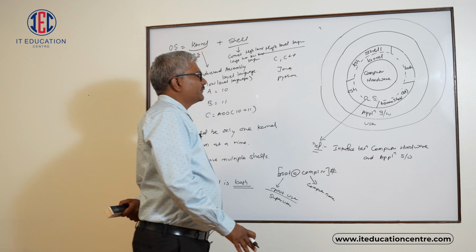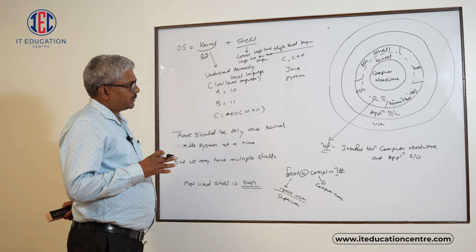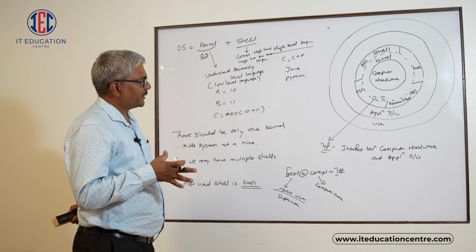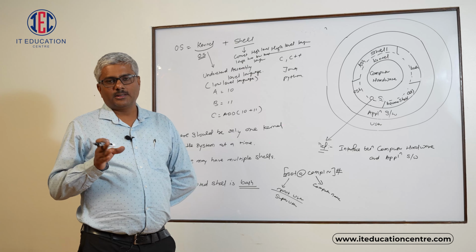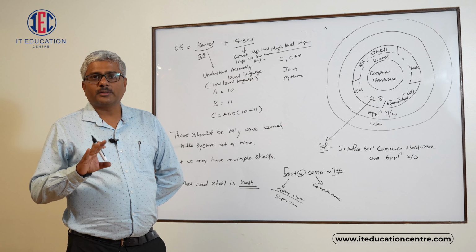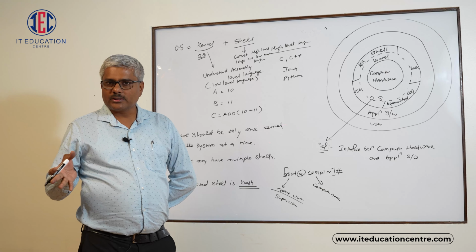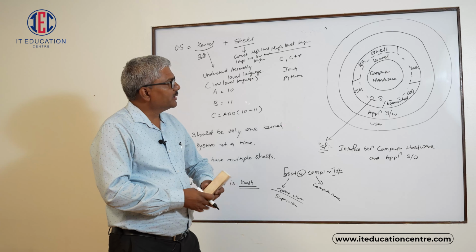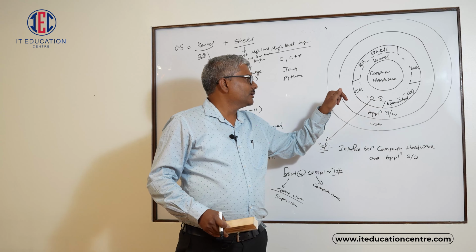These are the different shells. So when I talk about the operating system, it is divided into two parts: kernel and shell. At a time there should be only one kernel in a system, but we may have different shells. The shell provides the user environment. Examples are K shell, bash shell, Bourne again shell, and C shell.